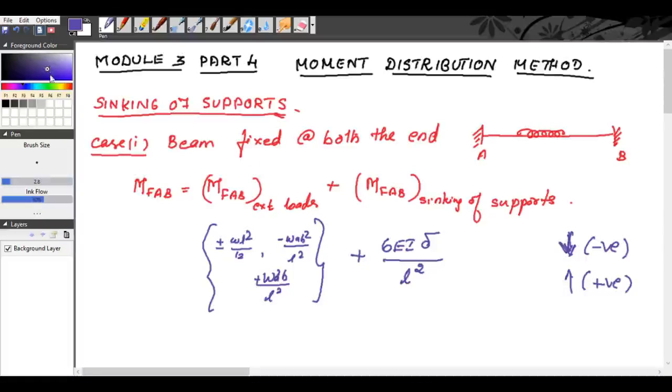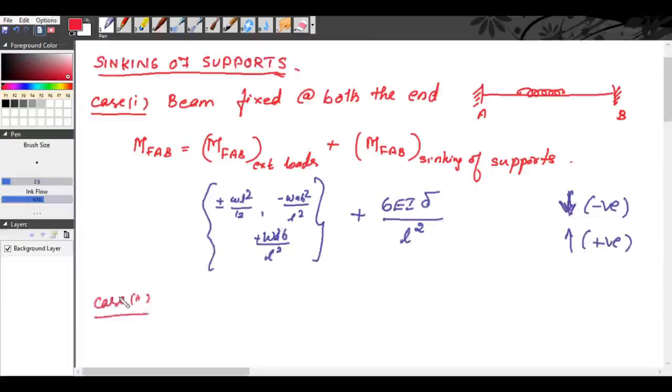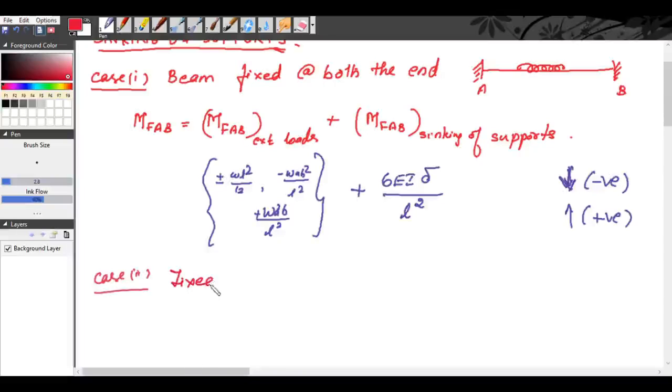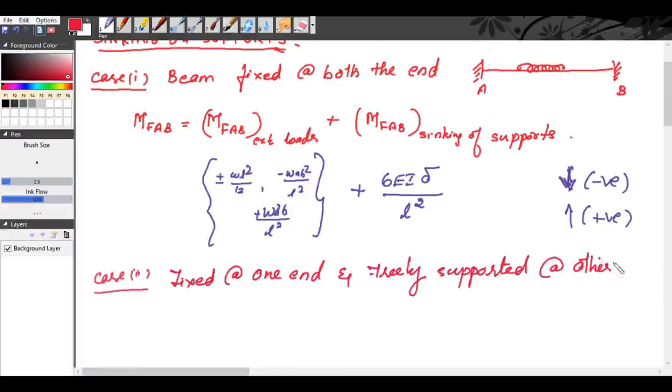Now we will move on to the second case. Case 2 is when the beam is fixed at one end and freely supported at the other end. So you will have one end fixed and the other end freely supported.